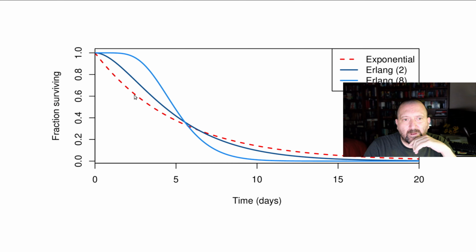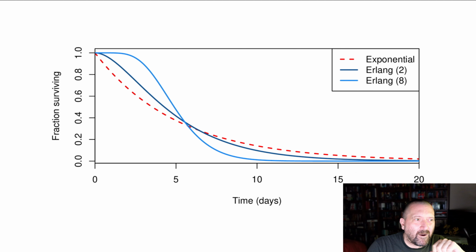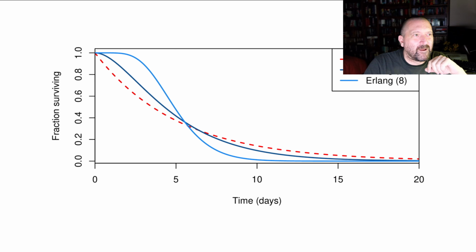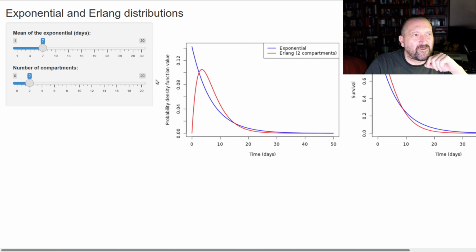And we get something like this. Here I'm showing you an exponential, here an Erlang with shape parameter 2, so 2 compartments if you want, and here an Erlang with 8. How do you use it? Maybe before I show you this, let me see if this works.